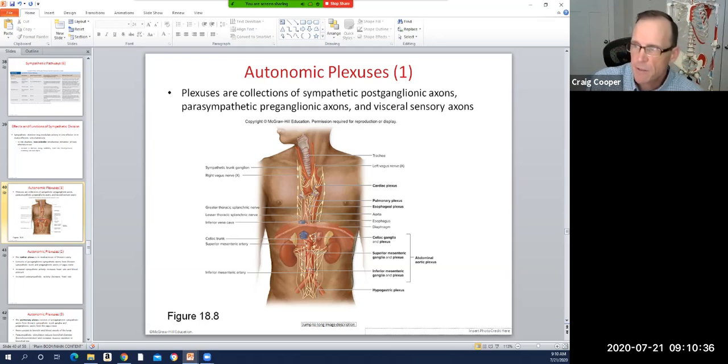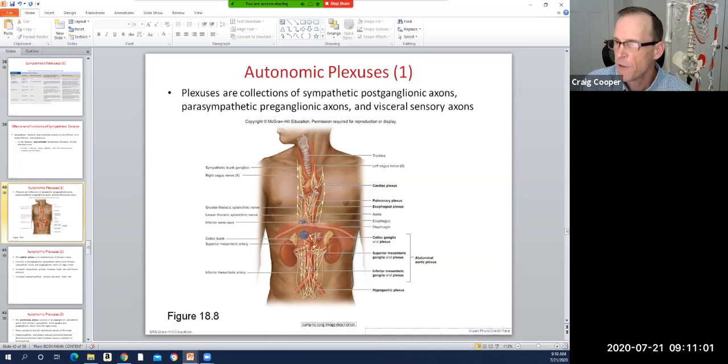So in these plexuses out here, we've got those longer axons that are traveling to the organ they're trying to innervate, organized and grouped with the preganglionic axons for the parasympathetic ones. The ones for the parasympathetic haven't gotten to their synapse yet when they're organized in these plexuses.